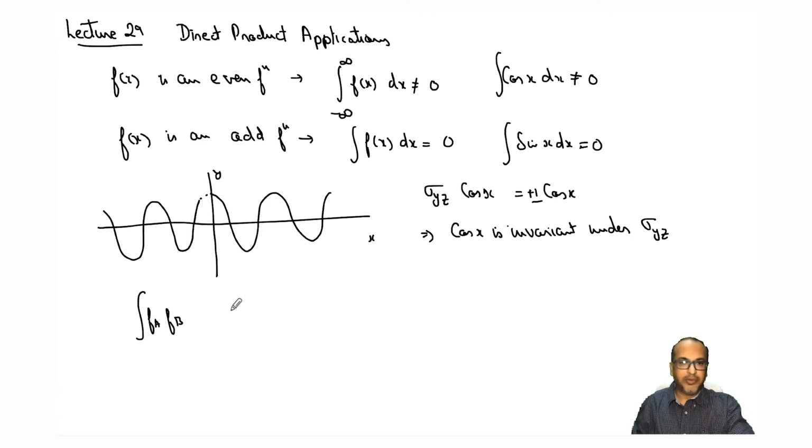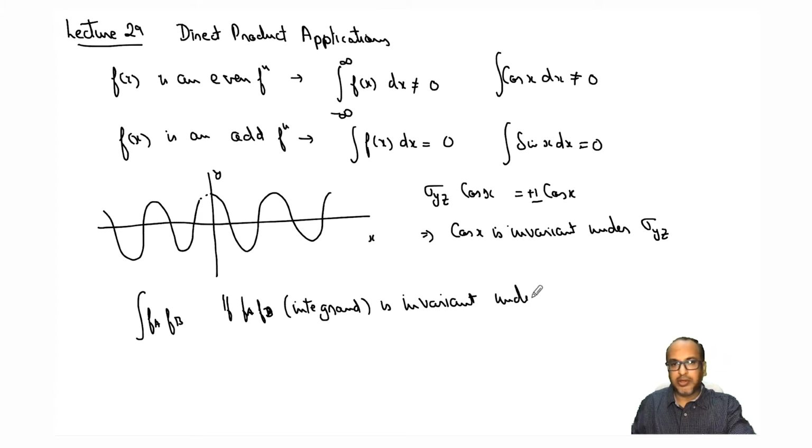So let's say if this integrand, the product of fA and fB, is invariant under all the symmetry operations a molecule has.